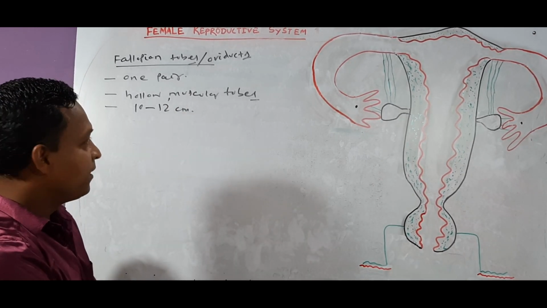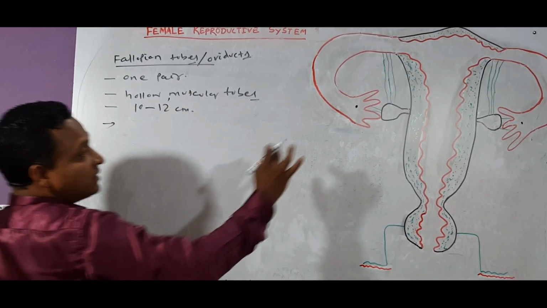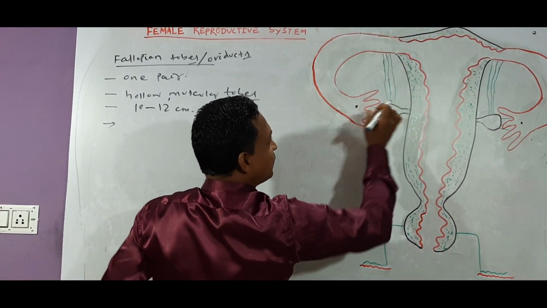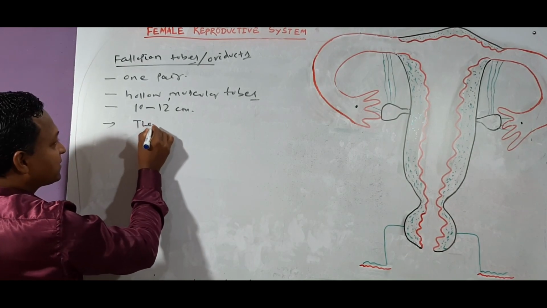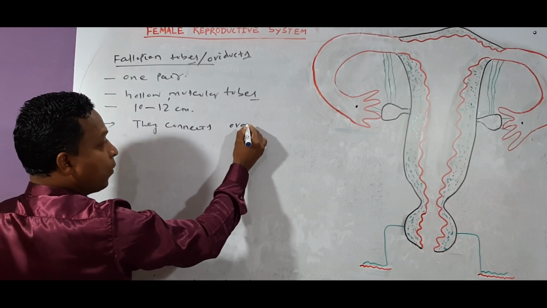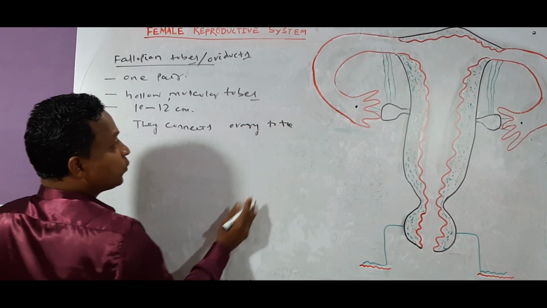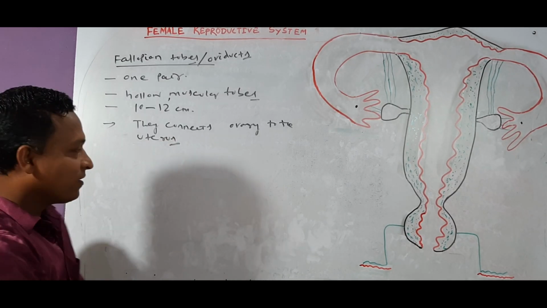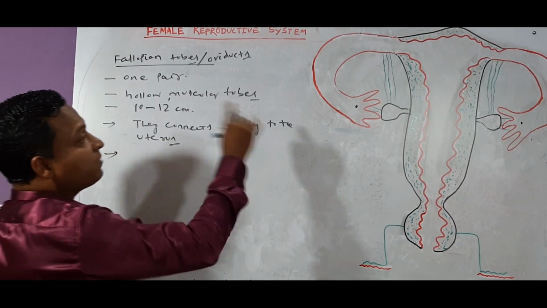These basically connect the ovary to the uterus. It is again divisible into three parts.